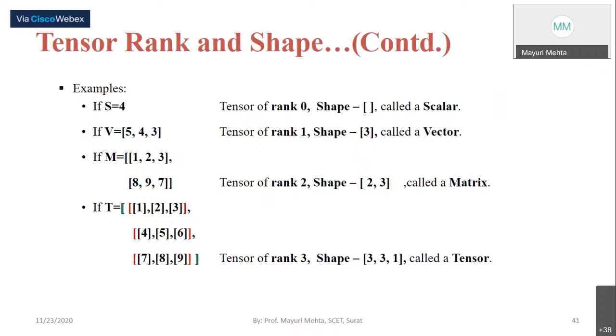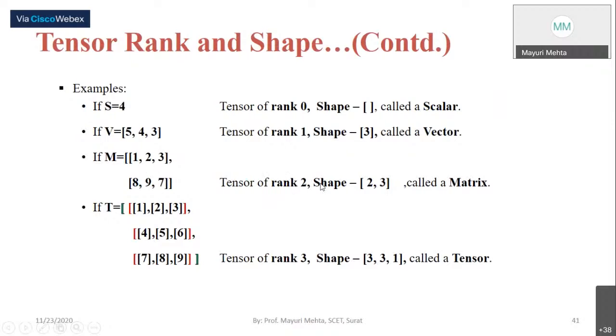Suppose there is a scalar value, only a single value, not in an array or list. Then rank is 0 and shape is empty. If it is a one-dimensional array, a vector, then it has rank 1 because the dimension is only 1, and the number of elements in that dimension is 3, so shape is 3. Now this is a matrix, a two-dimensional array, so rank is 2.